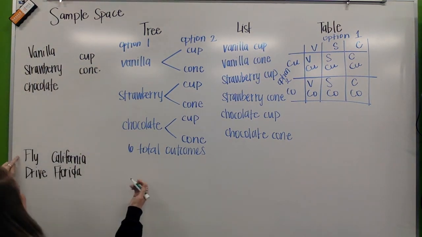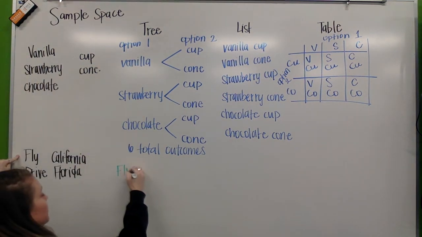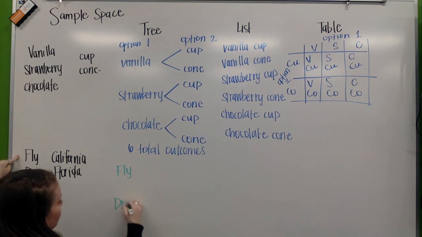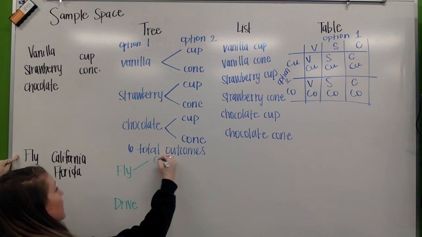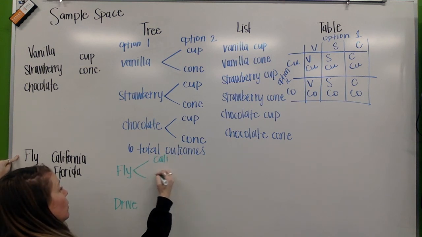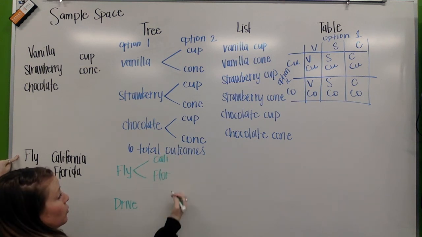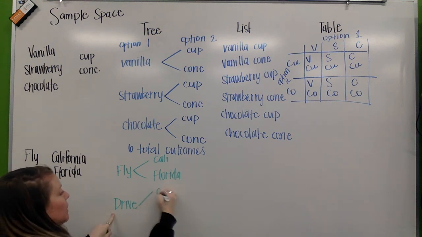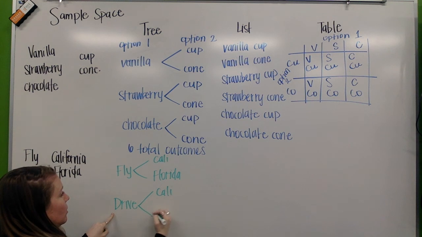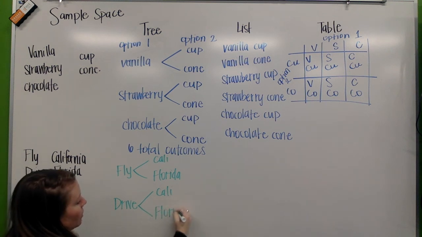So for my tree diagram, I'm going to fly or drive. Option 1. If I fly, am I going to fly to California or am I flying to Florida? If I drive, am I going to drive to California or to Florida?